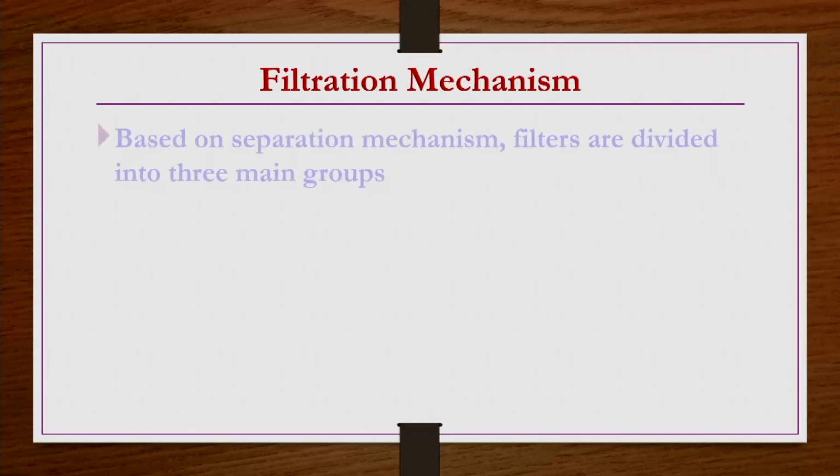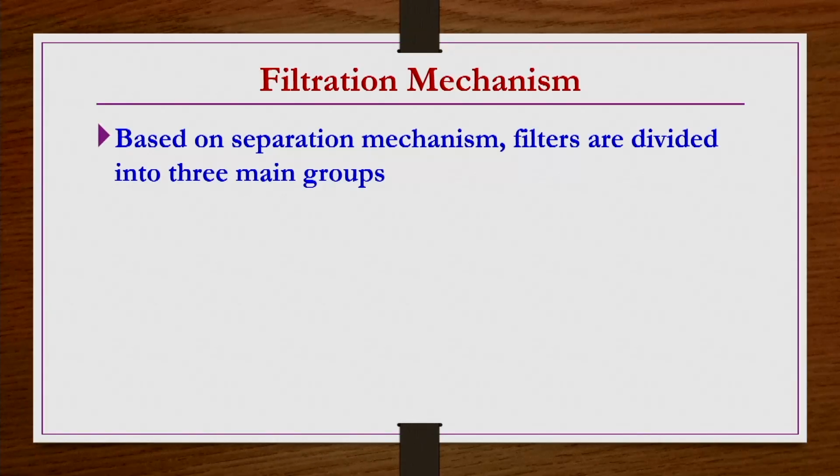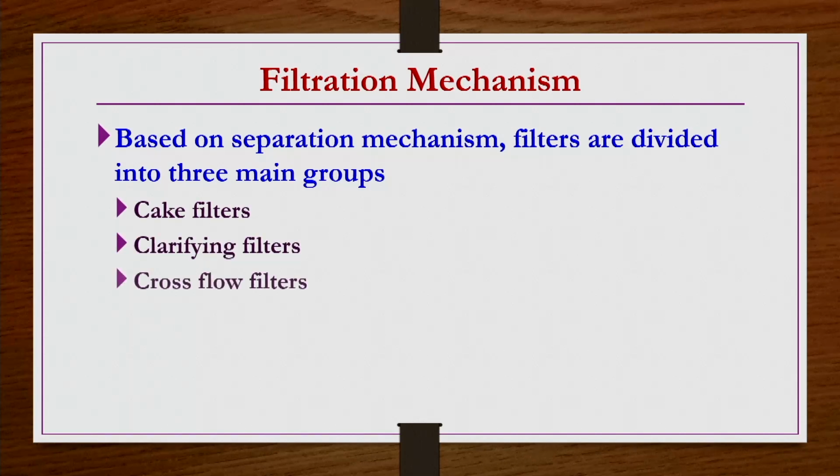So, now based on the filtration mechanism that has been used for filtration, these filters are in general classified into three types. One is the cake filters, another one is the clarifying filters and the third one is the cross flow filters.